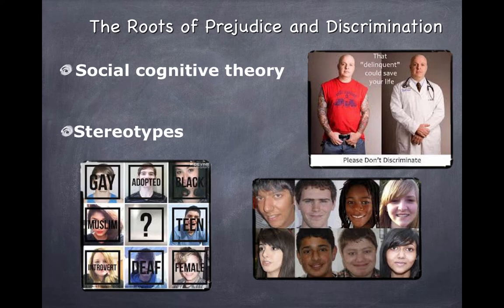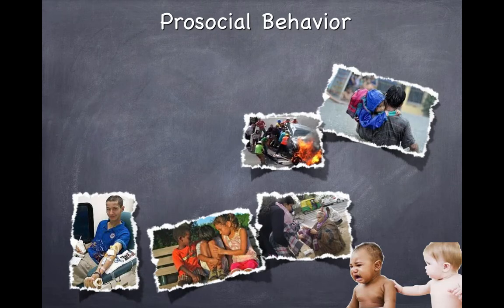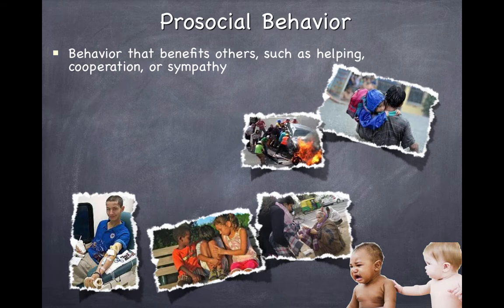Now, taking a decidedly different tack here, one of the areas that's been taking new focus in social psychology is the area of pro-social behavior. Pro-social behavior is the kind of behavior that benefits other people, such as helping, cooperation, and sympathy. Young children usually respond sympathetically to companions that are in distress before their second birthday.